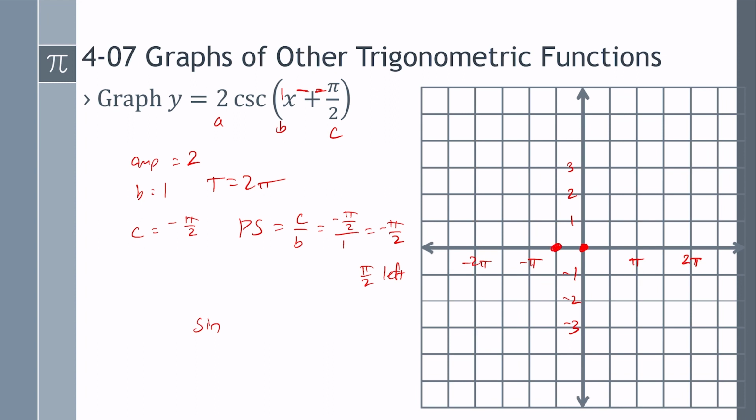And then at 2 pi, oh, but I'm shifted pi over 2 to the left. Halfway in between is the other x-intercept. Half between those are the amplitudes, so 2 and negative 2. So it's going to go up, down. Now, probably ought to make this dotted, because it's actually not the graph we want.